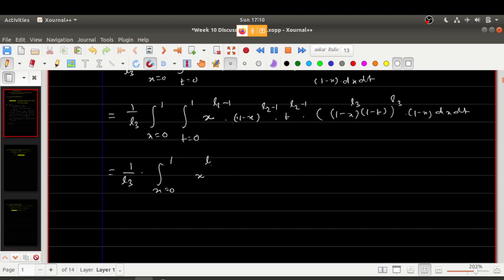x power L1 minus 1, 1 minus x power L2 minus 1, and here is one more, so L2 plus L3 minus 1.